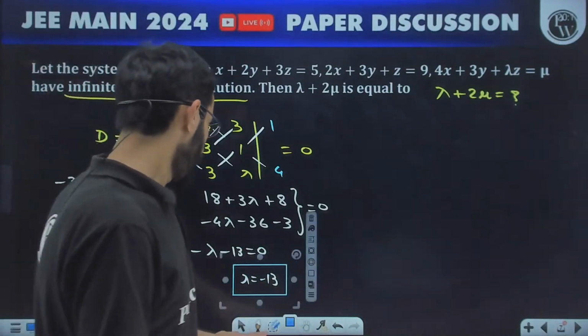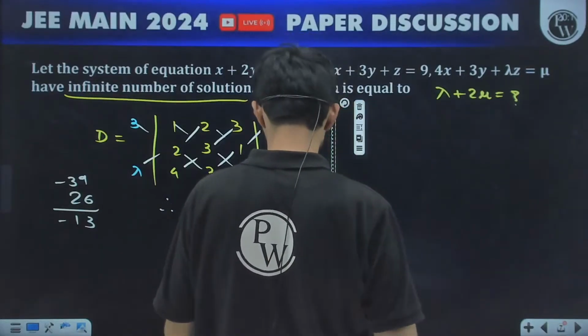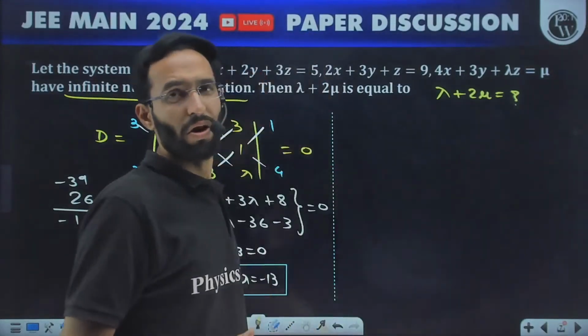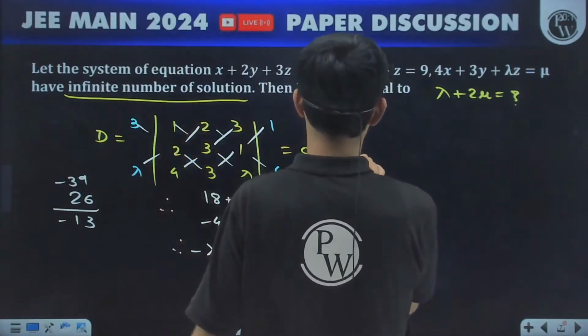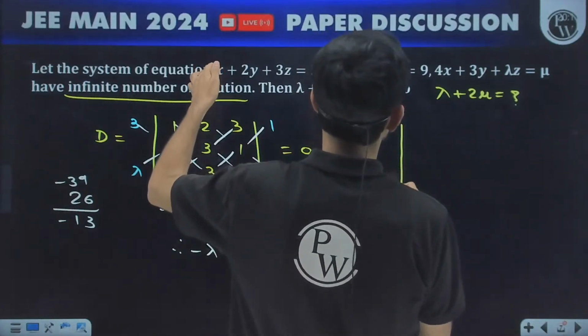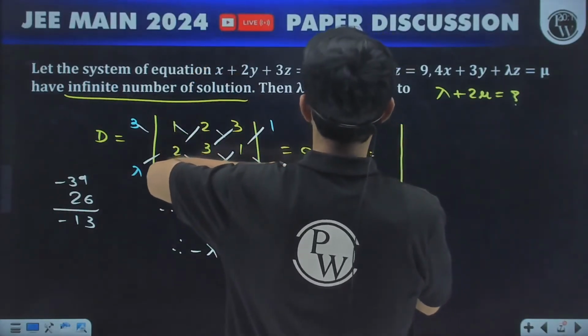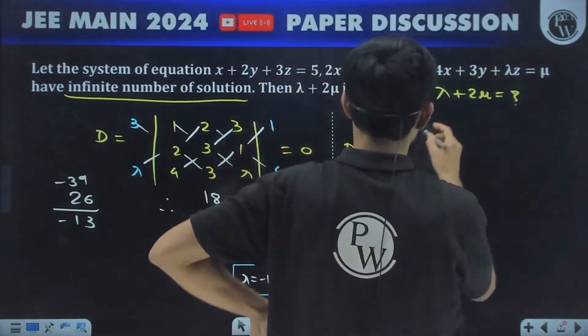Now let us try to find the value of mu. So for mu, either you can take dx equal to 0, dy equal to 0, dz equal to 0. Exactly, all are 0. So first if I take dx equal to 0, I need to replace the coefficients of x, this 1 to 4, with the constants 5, 9 and mu.